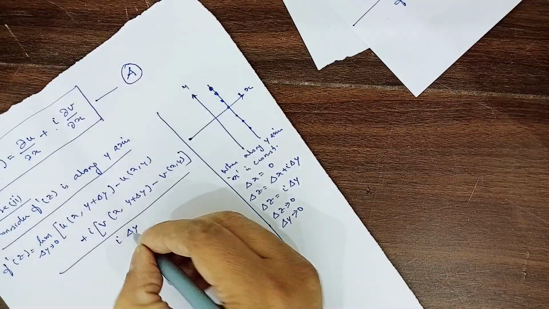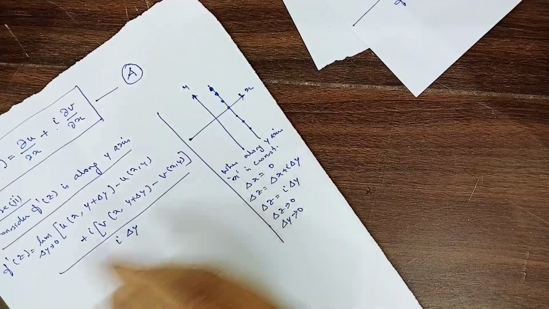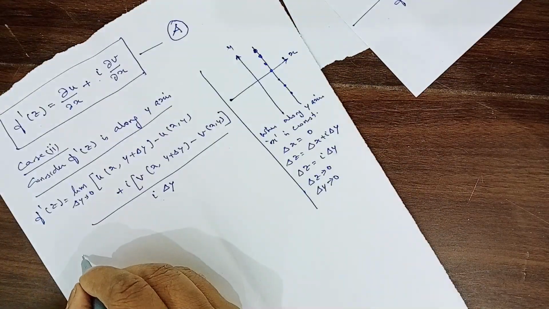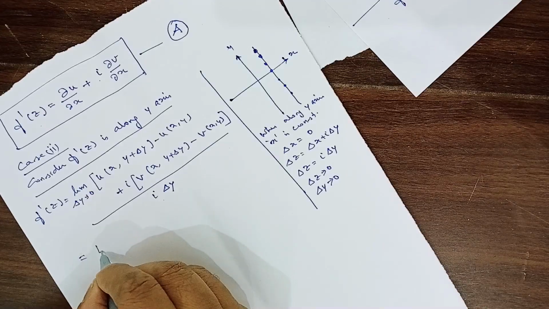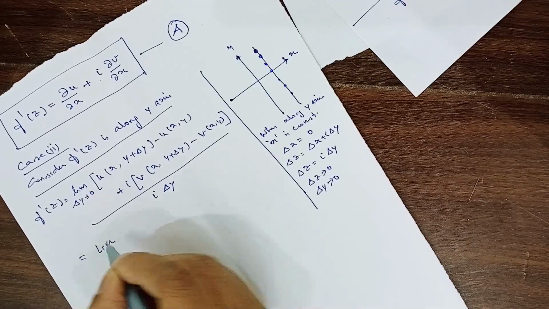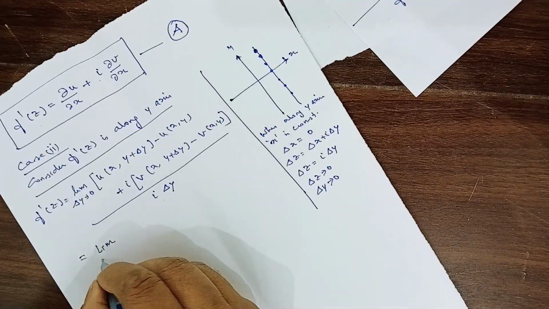Instead of delta z, we will make it i delta y. Now, take the limit. Now you change the real part and imaginary part separately.